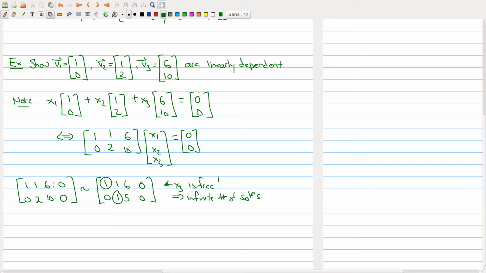Now let's go a little bit further and mine out what we can get from here. I'm going to put this into reduced row echelon form. We already said that x3 is free, so x1 is equal to negative x3. We can see that from this augmented matrix. And x2 is equal to 5 minus x3.